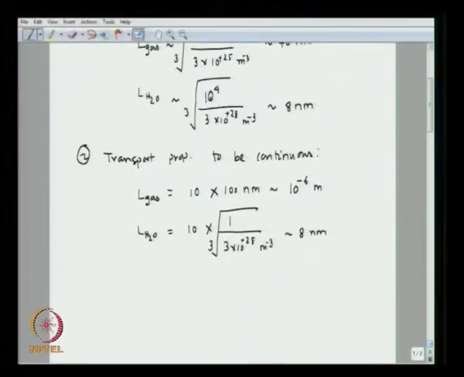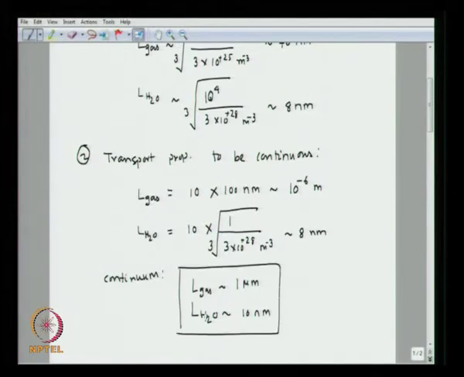So for continuum behavior gas has to be 1 micron and water is about 10 nanometer. So this is very important to understand in which case we are going to expect continuum behavior.